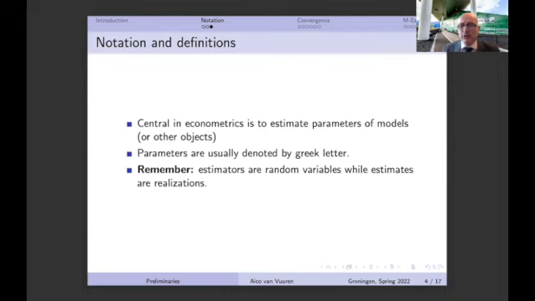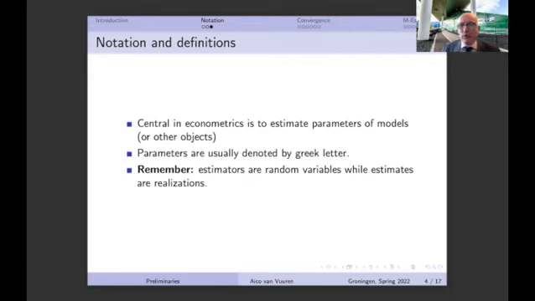What we assume is that data is coming to us in a random way. It has some kind of data generating process. Therefore, because data is random, estimators are also random. Every time that we get another realization of the data set, our estimator is going to have a different outcome by following the steps in the recipe of the estimator.